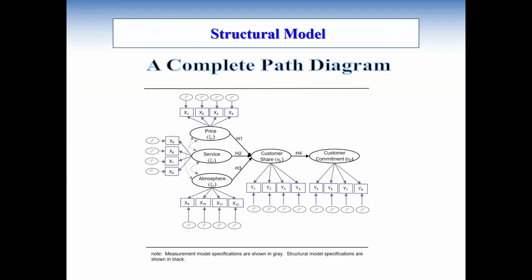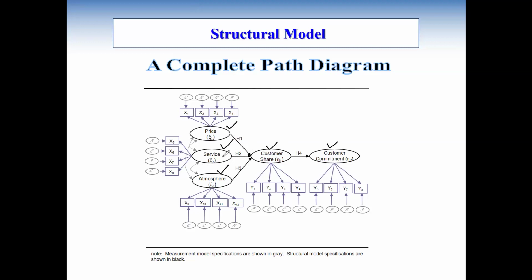Now you can see the complete path diagram. So it is the complete path of a structural equation model. Now you can see there are 5 constructs: price, services, atmosphere, customer satisfaction, customer commitment.